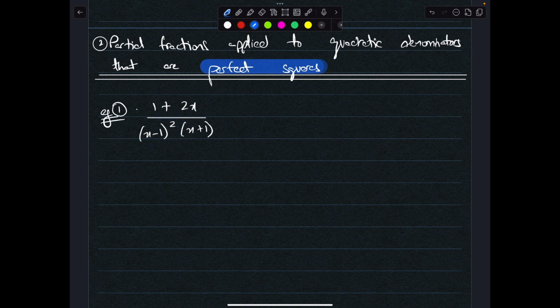First without the whole square and the second time with the whole square. So I have a plus b. The first time I'll have x minus 1 in the denominator. The second time I'll have x minus 1 whole square in the denominator. And then finally I'll cover x plus 1, c over x plus 1.